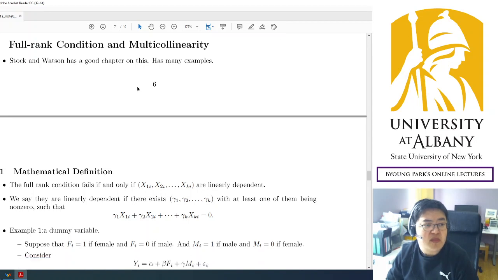I have read a few textbooks, and I find Stock and Watson, an introductory econometrics book, has a very nice chapter on this. They have examples and nice intuition explanations, so I recommend it if you have difficulties in understanding them.